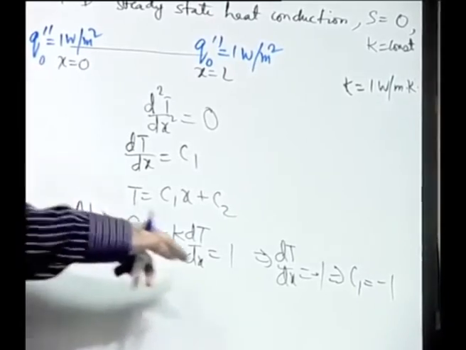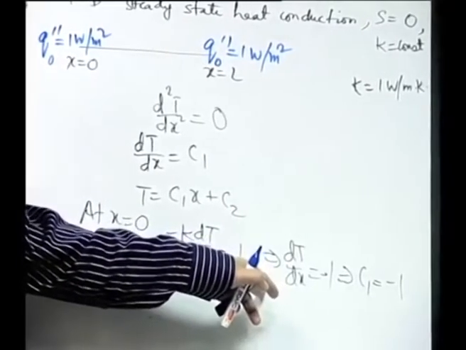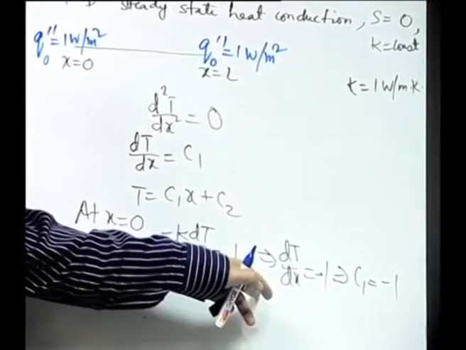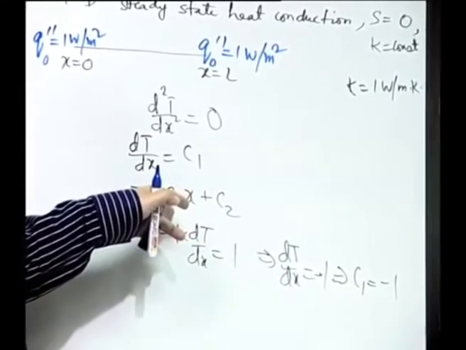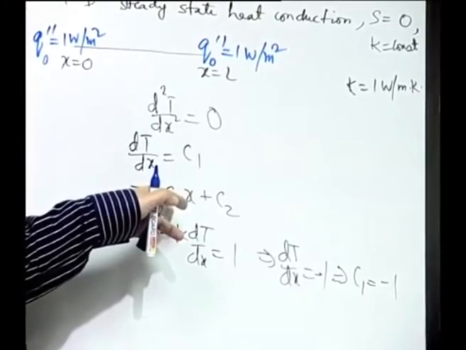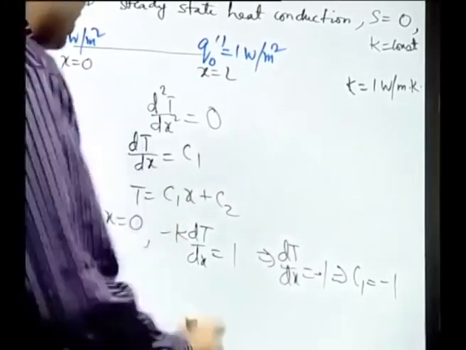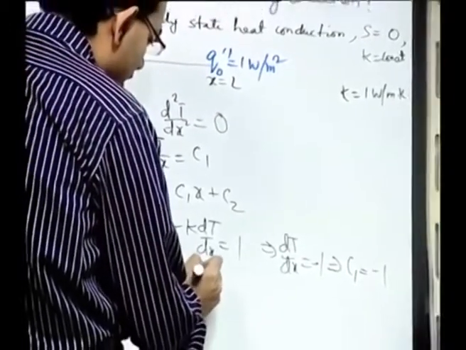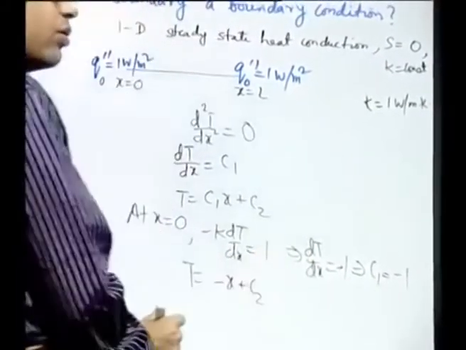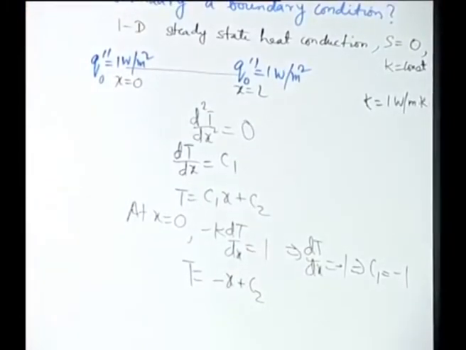Similarly, at x equal to L also it is the same thing. If you use the boundary condition, you will get C1, you will not get C2. So, you get basically T is equal to minus x plus C2, you cannot determine C2.